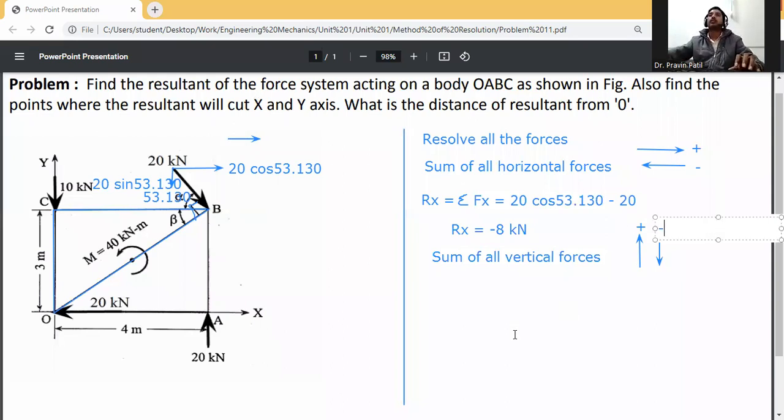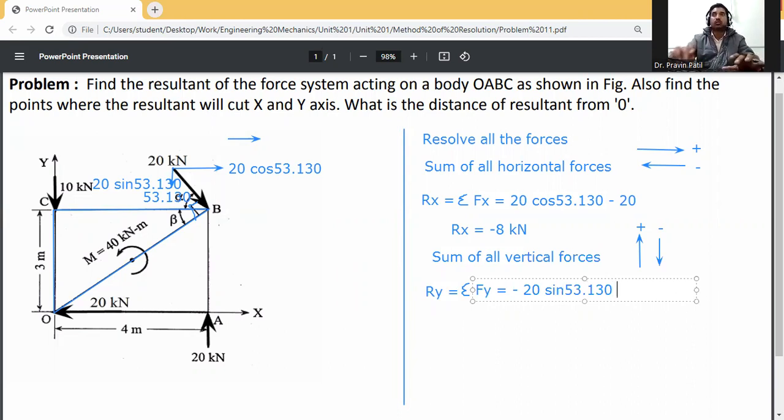Okay, so for that summation, Ry is equal to summation of Fy. First it is 20 sine 53.130, it is in the downward direction, so minus 20 sine 53.130.